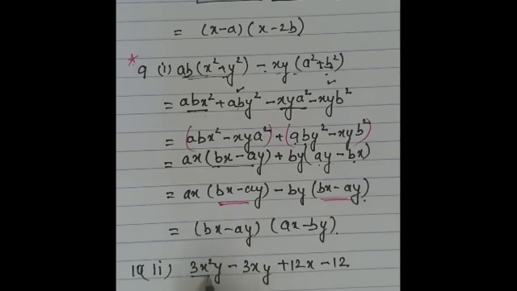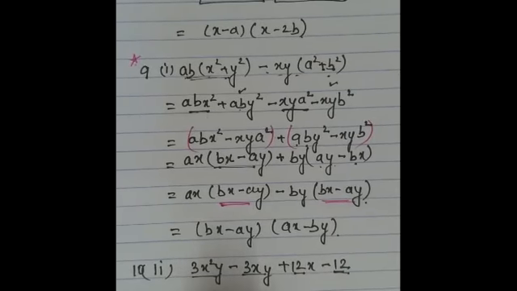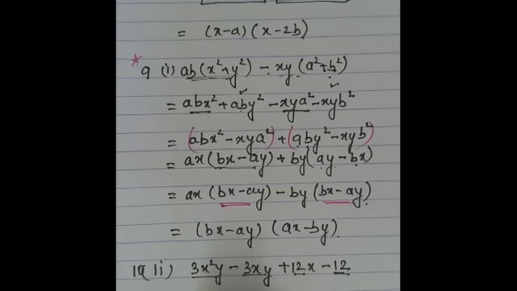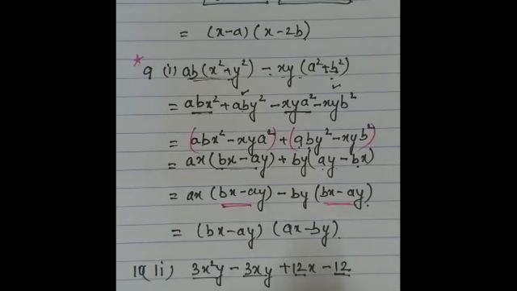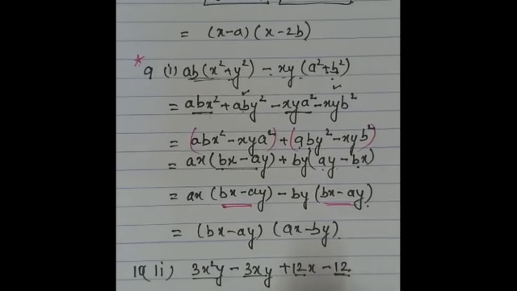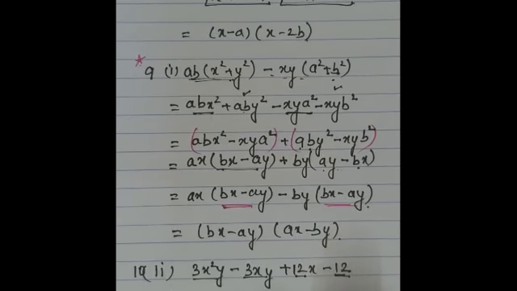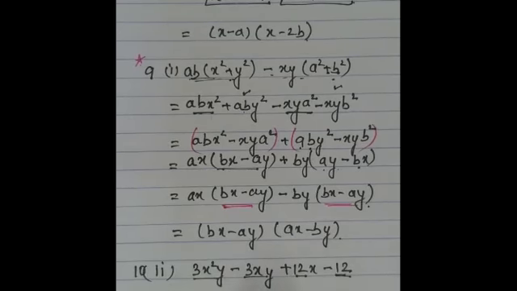This is 3x square y, this is 3xy, this is 12x and this is 12. So first we'll apply taking out 3 common. Taking out 3 common, I'm left with x square y minus xy plus 4x minus 4.